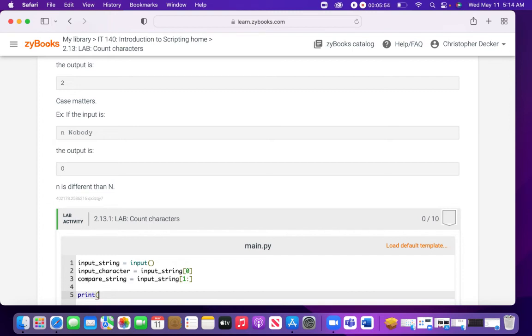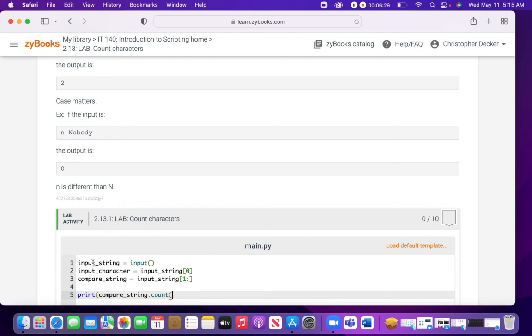So, print. We're going to take our formula variable, and it's starting at that 1, and we're going to count. Just like it says, we will use the count command. And what are we setting the count to exactly?